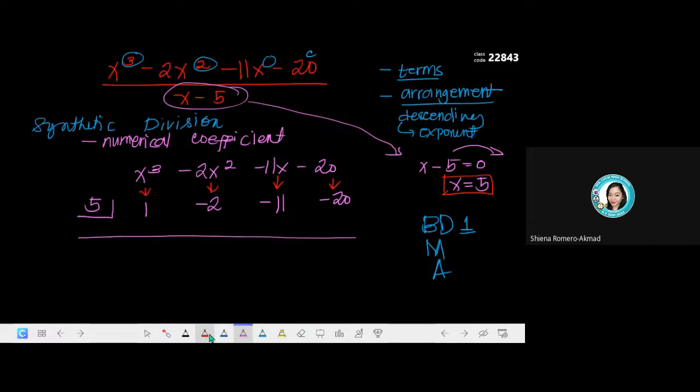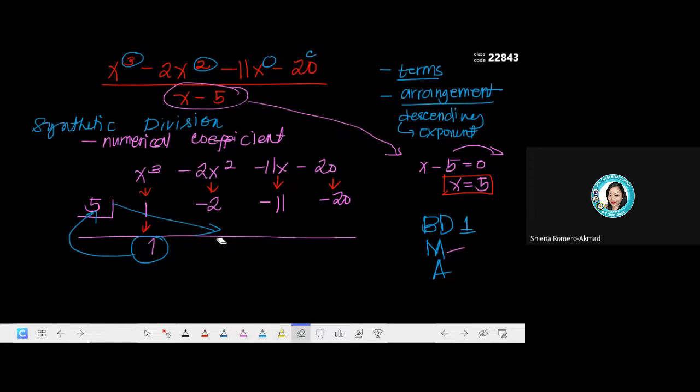Let us start. Bring down natin si 1. Again, isang beses lang tayo we bring down. So, if we bring down 1, we have 1. And then, multiply tayo. Pag nag-multiply tayo, ito, i-multiply natin dun sa 5 at isusulat natin yung answer dito.